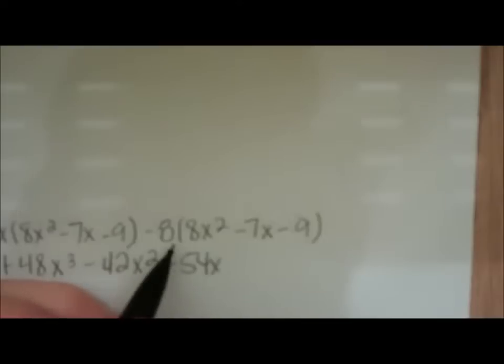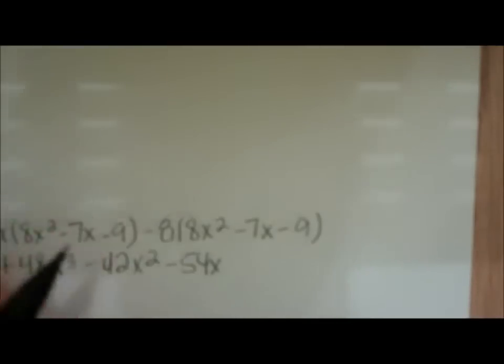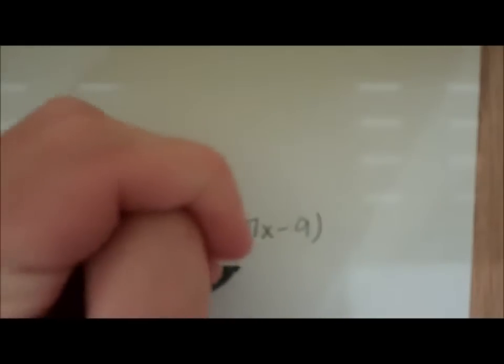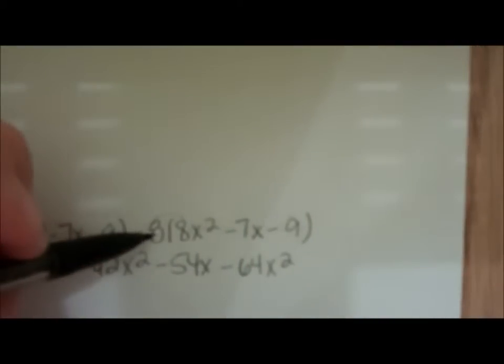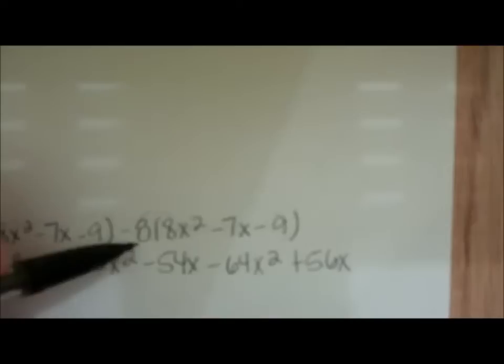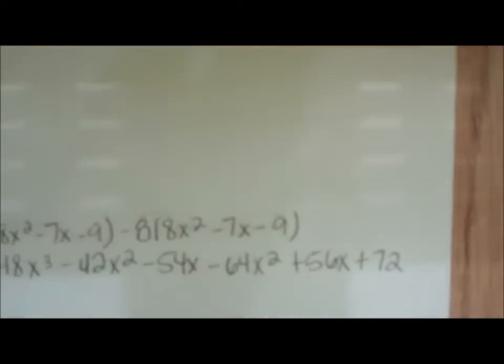Now moving on to the third one, negative 8 times 8x squared is negative 64x squared. Negative 8 times negative 7x is positive 56x. And negative 8 times negative 9 is positive 72.